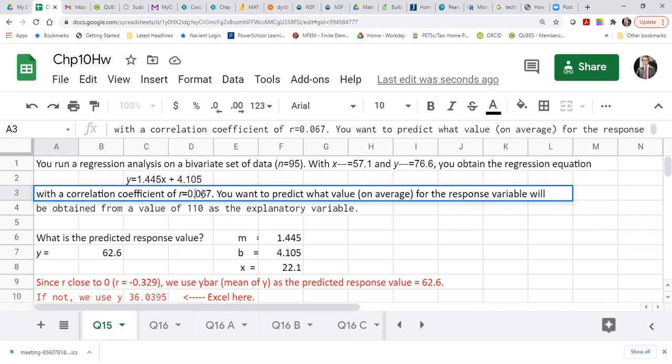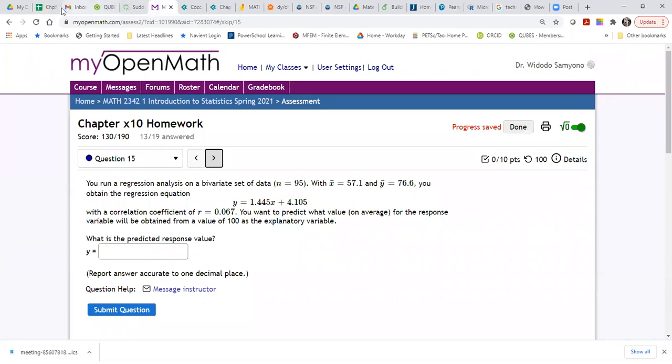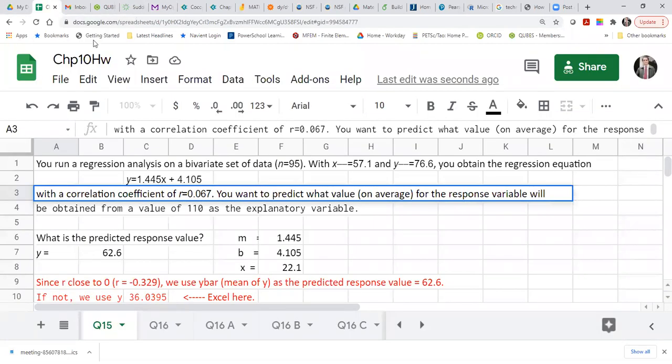Okay. And this is 100, right? So this is 100.